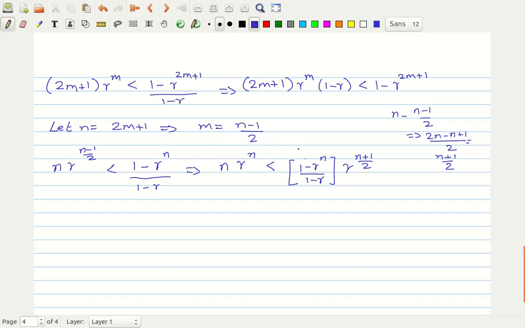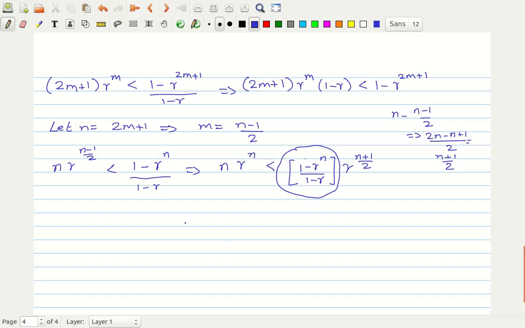Now what do you think is this expression? This expression is always going to be greater than 1. Why? Because this is the sum of the geometric progression starting with 1 and the common ratio is less than 1. So no matter how large n is, even if n is infinite, this is always going to be slightly greater than 1.